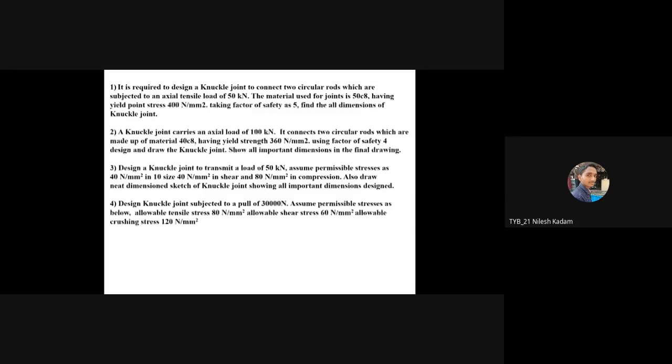It is required to design a knuckle joint to connect two circular rods which are subjected to an axial tensile load of 50 kilonewton.